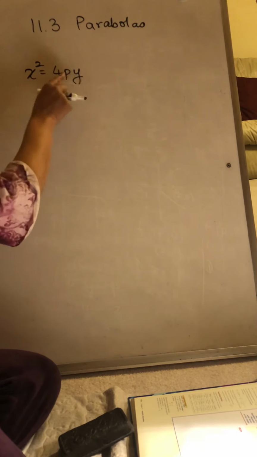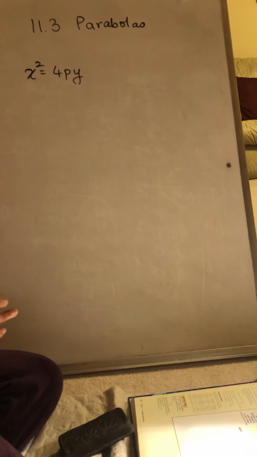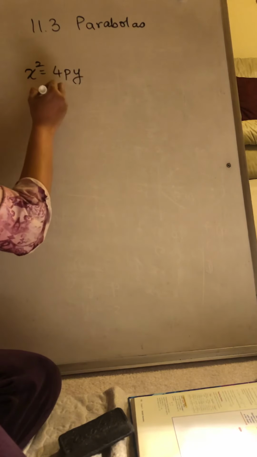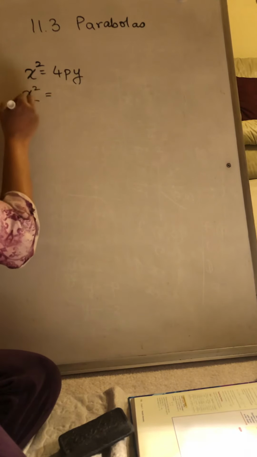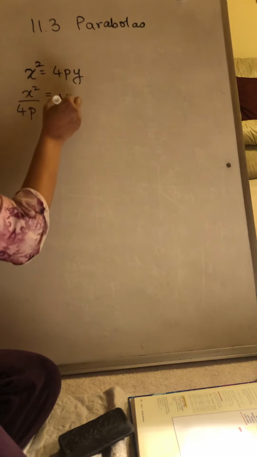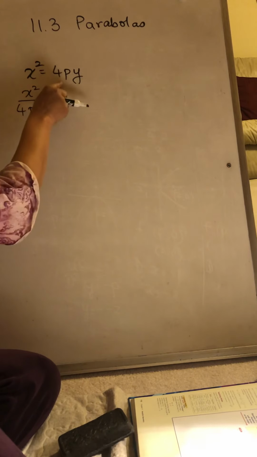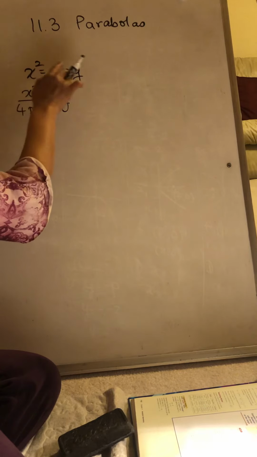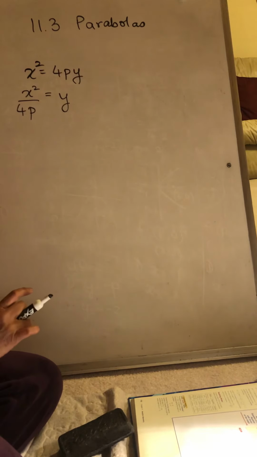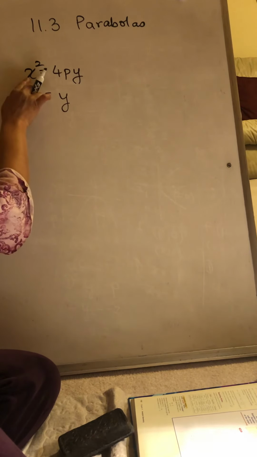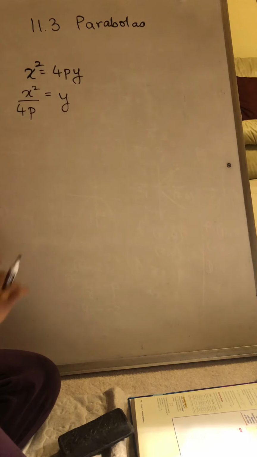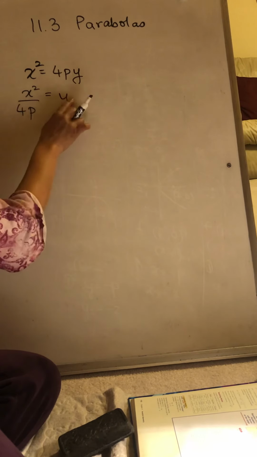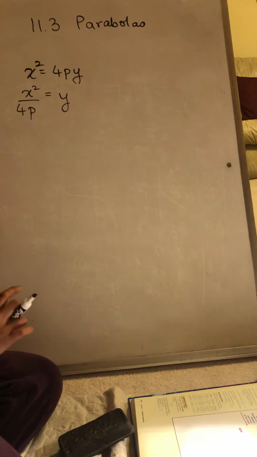We said y, the linear term, we set it by itself, right? So I can write this as x square over 4p equals y. I divide both sides by 4p. Get used to both forms. Your basic idea is there should be one quadratic and one linear. Either you can solve for the quadratic or you can solve for the linear. But if you solve for the linear, your p, you'll get it right there.